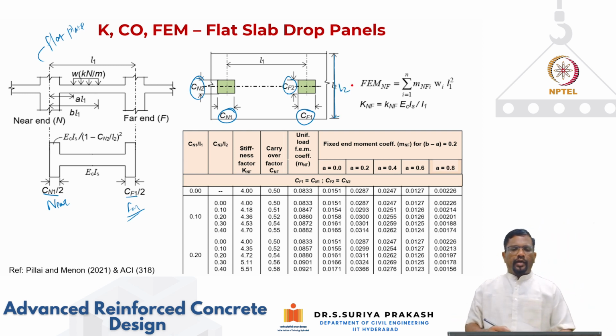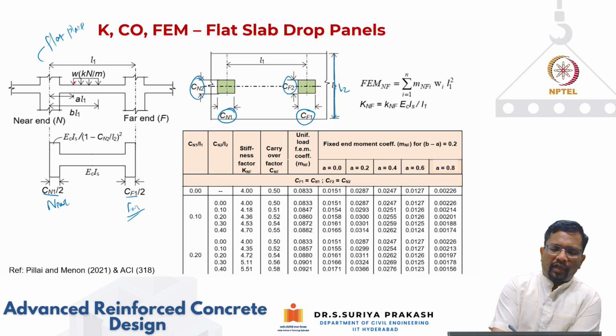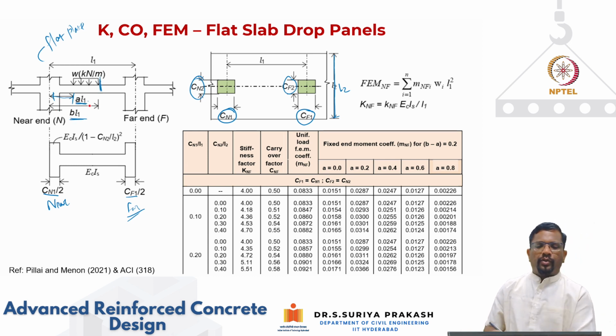Now in this case you can have loading in such a way that not the entire span may be loaded. The loading can start from the center line at a distance of AL1, and it can stop at a distance of BL1. Now A can be 0 also, and similarly BL1 can go till the end also.